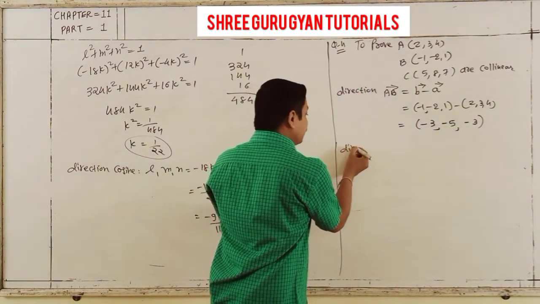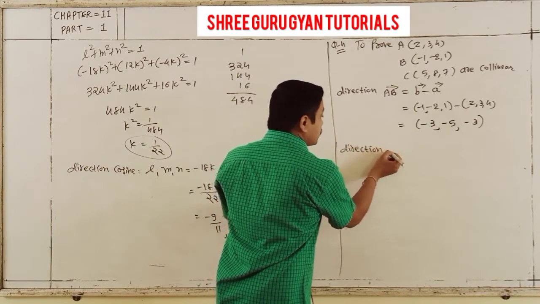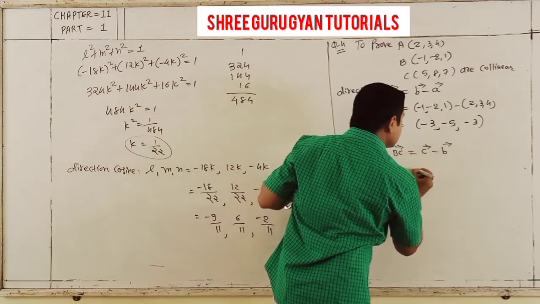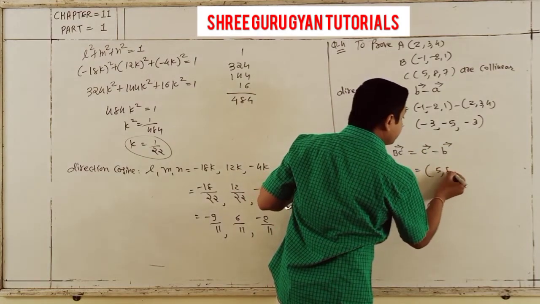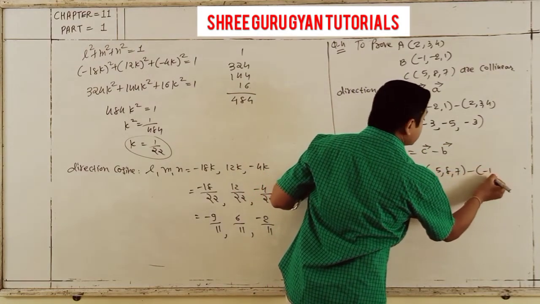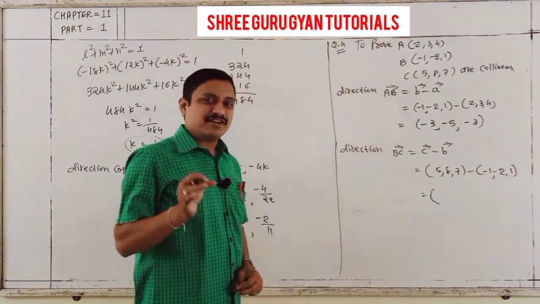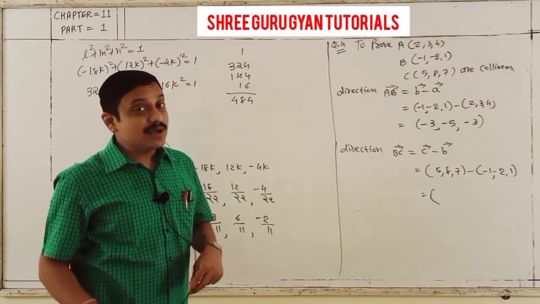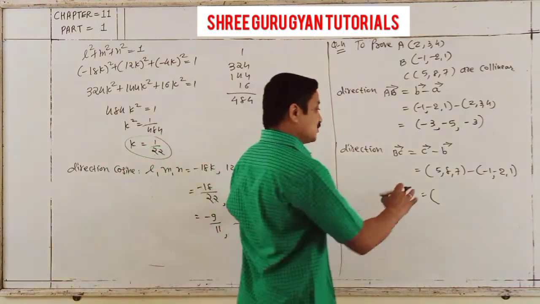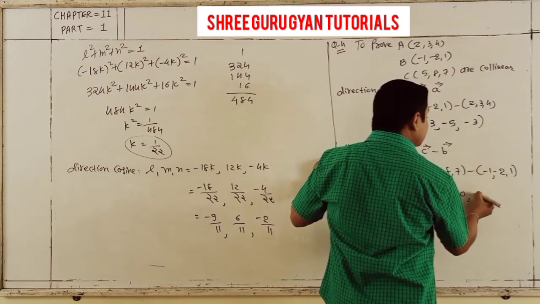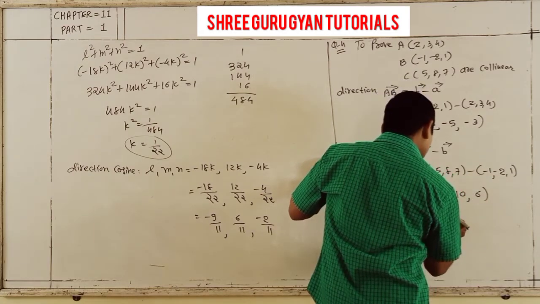Secondly the direction of BC. So C position minus B position. C I have 5 8 7 and B minus 1 minus 2 1. Derive the same way. It is definitely the directions are the same or opposite. So 5 and 1 is 6, 8 plus 2 is 10 and 7 minus 1 is 6. Just take minus 2 common outside.